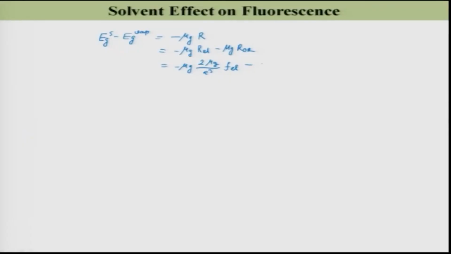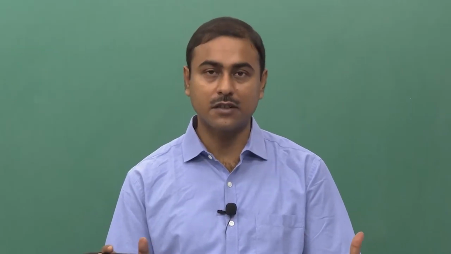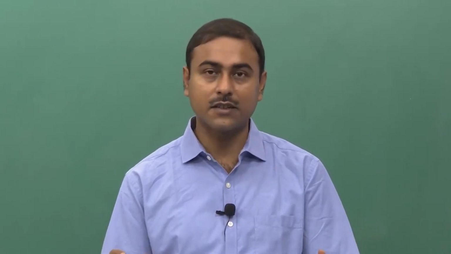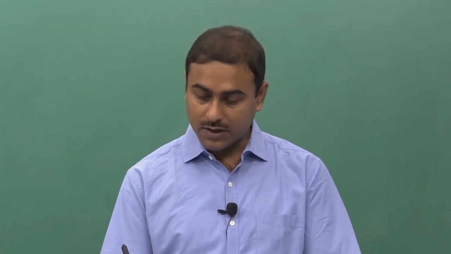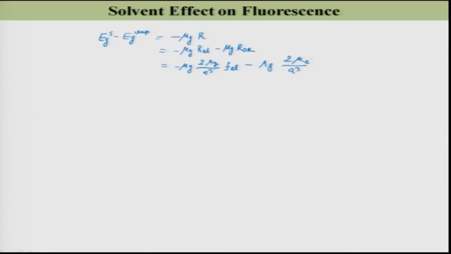So, I use the mu G. However, in this case you see this mu G R OR, that twice mu by A cube, that mu, this is the orientational polarizability, but the solvent will stay as they are in the excited state, right, because orientational relaxation is slow, right. So, in this case I will again use that mu E, not mu G.